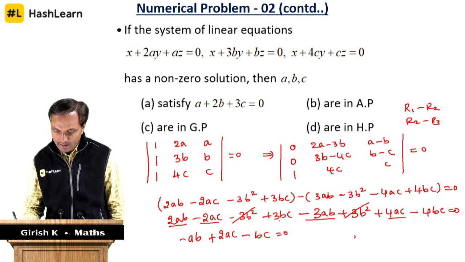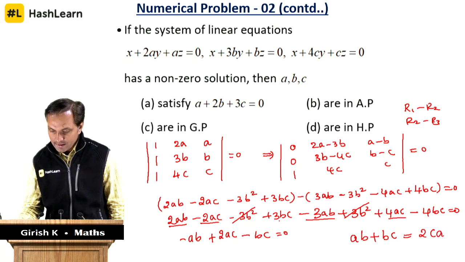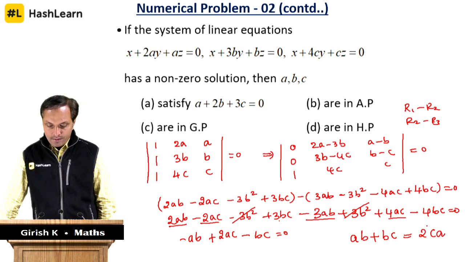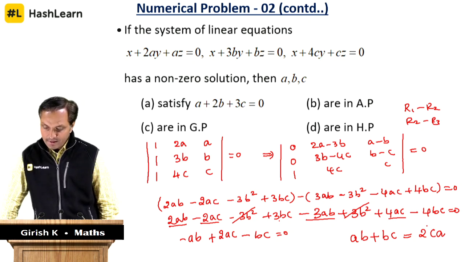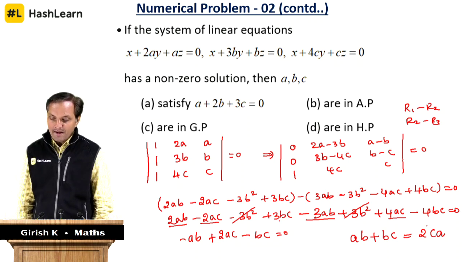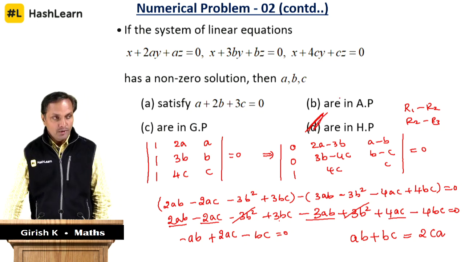So therefore you will have a relation ab plus bc is equal to 2 times ca. So ab plus bc is equal to 2 times ca. So if you divide throughout by ca, what happens? You will get a relation where a, b, c are in harmonic progression.